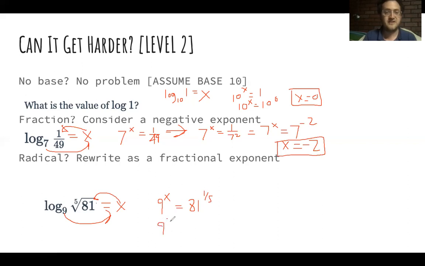And I'm going to call this 9 to the x equals 9 squared. So 81 is 9 squared, to the 1/5. So this is 9 to the x equals 9 to the 2/5. And then we could just say that x is equal to 2/5.